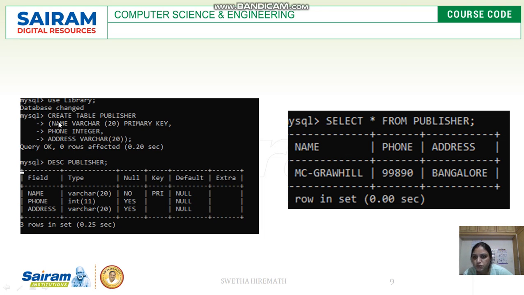Here in the MySQL server, before this I have created a database called library, and I am going to use library. Once I give this command, we get a notification that the database has been changed. So now we are in the library database. This is the command used to create the table publisher.